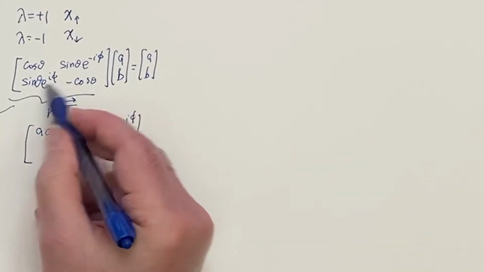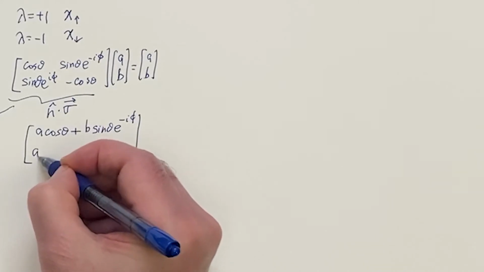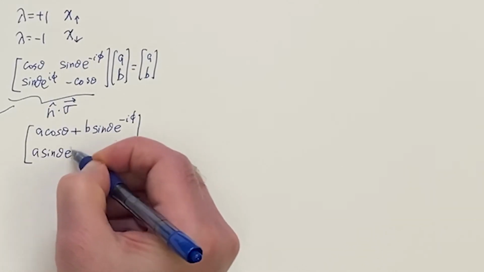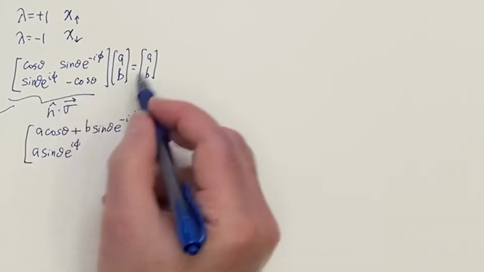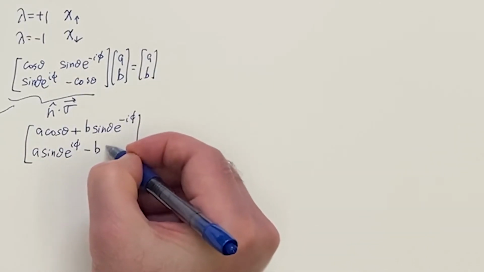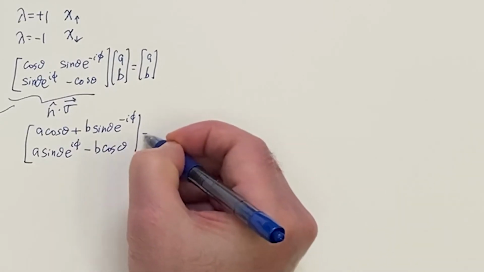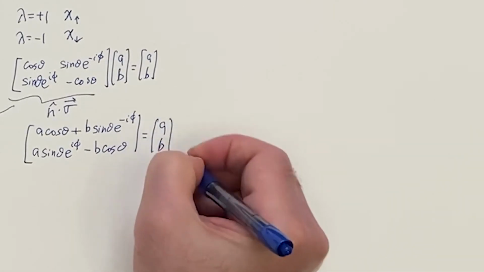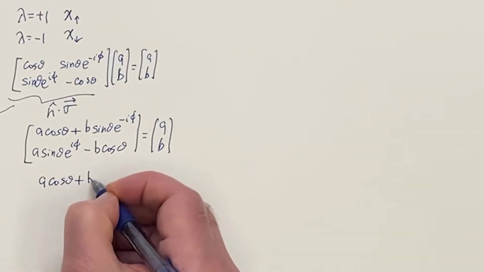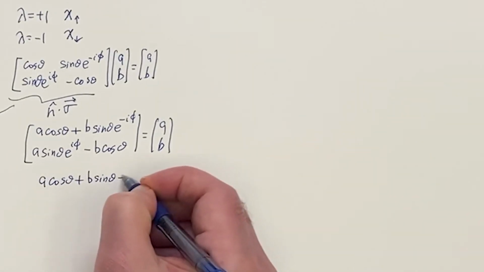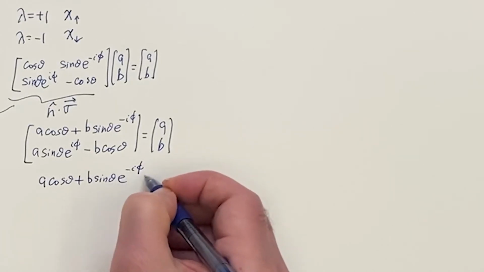And then here you'll have this stuff times A sine of theta, e to the i phi, and then this stuff, because you're taking that sideways, times B. And that has to equal A and B. So that means A cosine theta plus B sine of theta, e to the minus i phi, has to equal A.